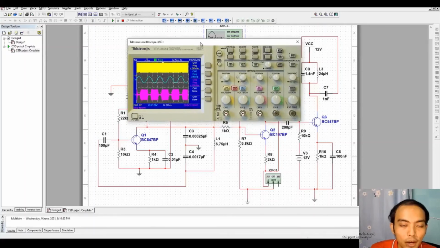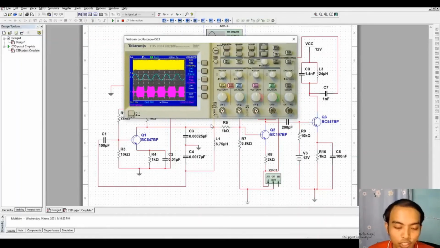So as a conclusion, the amplitude modulation technique is widely used in the AM transmitter.